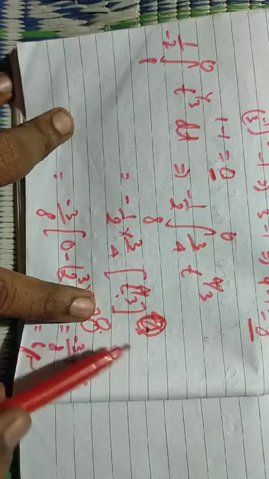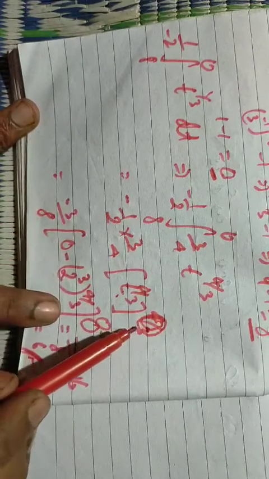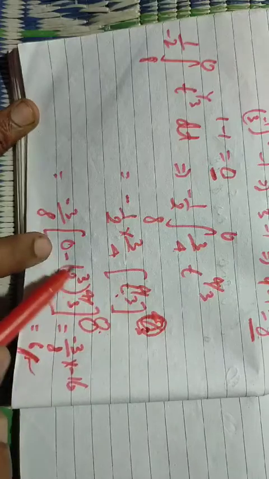Next is minus 3/8. Now I substitute the limit 0, so overall it is 0 only.